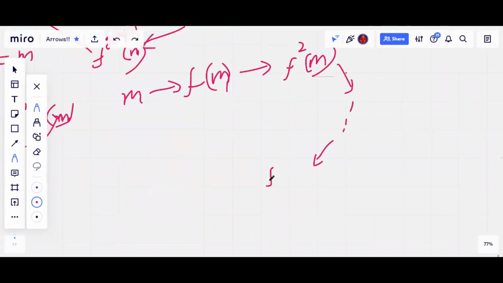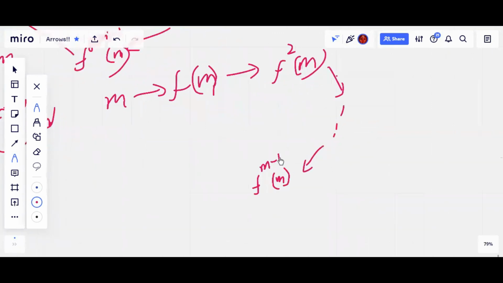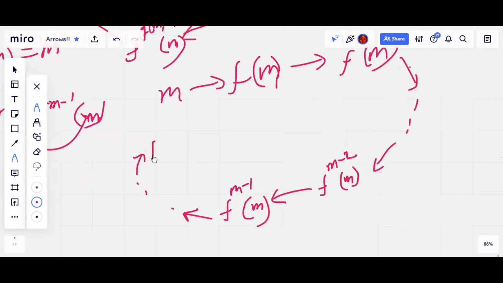Say here you have all these elements, and you have the element before it, which maps to it.